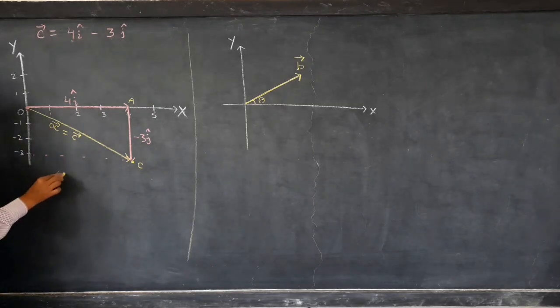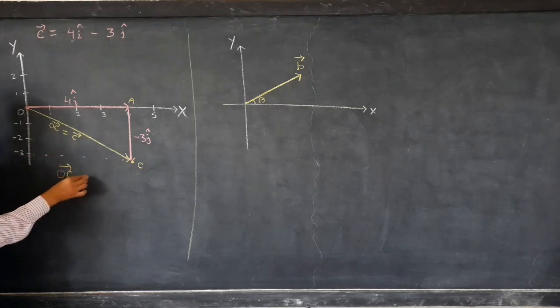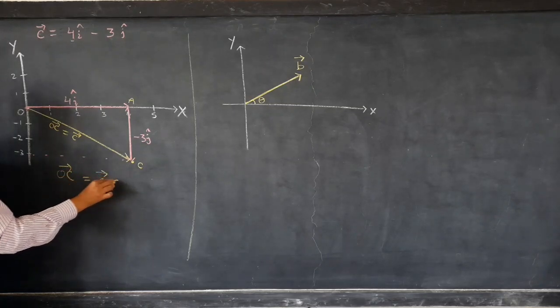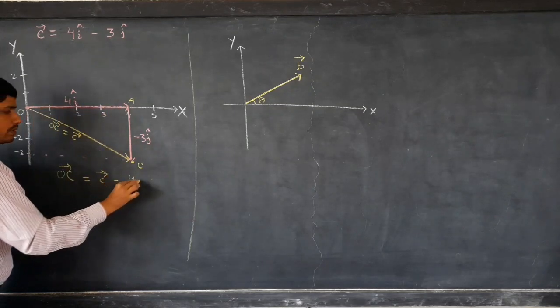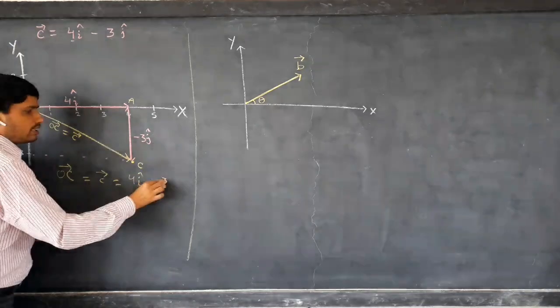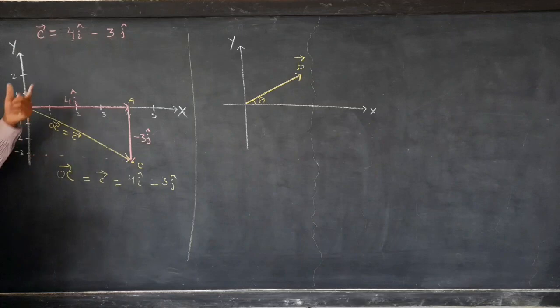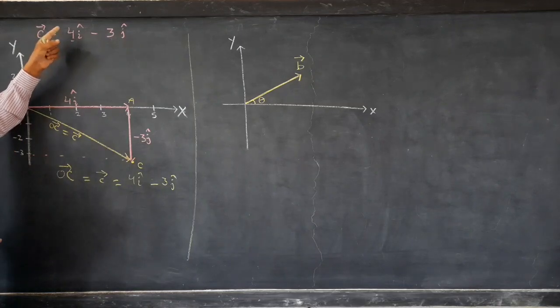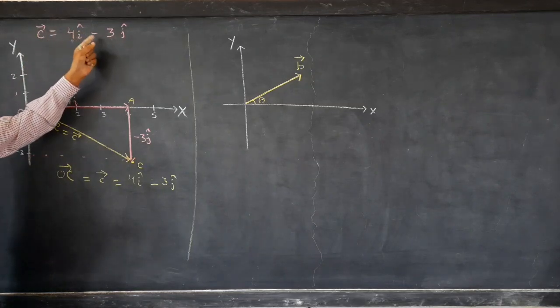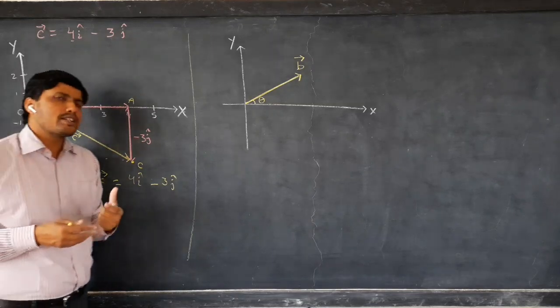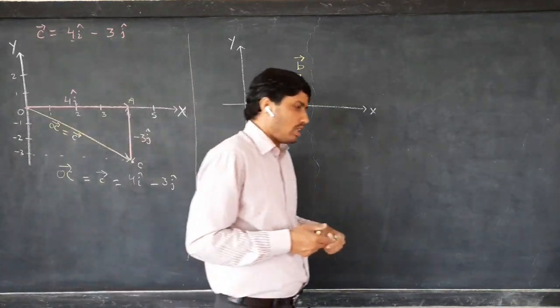Here we will write that OC vector, which we have written as C vector, is equal to 4 I cap minus 3 j cap. Likewise, we can choose other combinations like minus 4 I cap plus 3 j cap, minus 4 I cap minus 3 j cap. If you understand the coordinates, you understand the vectors.